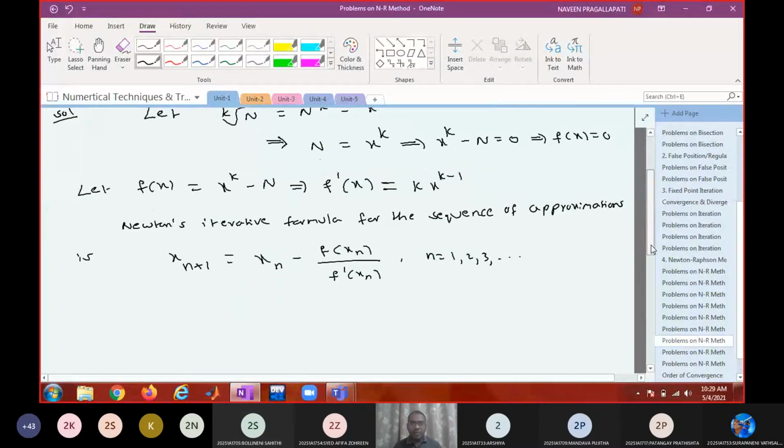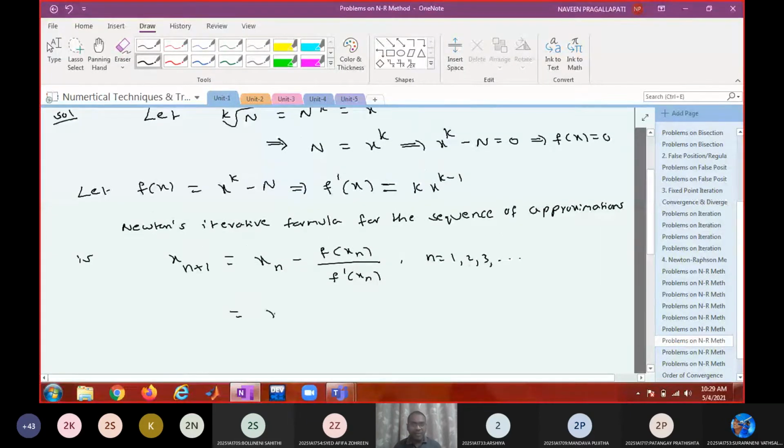So you just substitute the derivative and the function and simplify. What is f of xn? f of xn is xn power k minus n. Wherever x is there, replace x with xn. That's it. And f dash of xn is k xn power k minus 1.